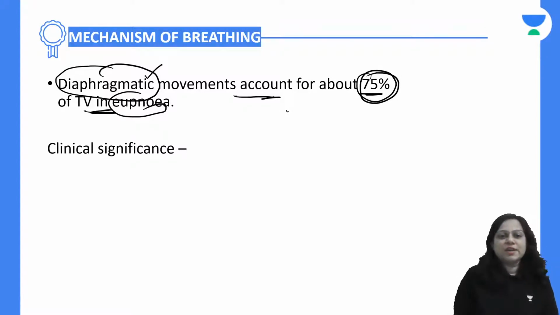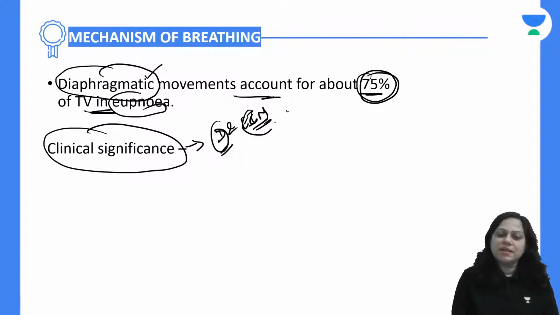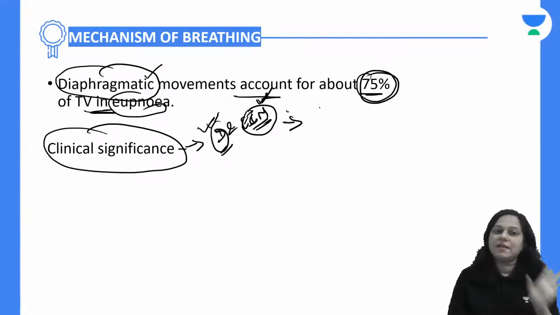So what is the clinical significance of this? I am constantly speaking about the diaphragm and external intercostal muscles. Both are the muscles of inspiration. Either diaphragm or external intercostal muscle alone can maintain adequate ventilation at rest.